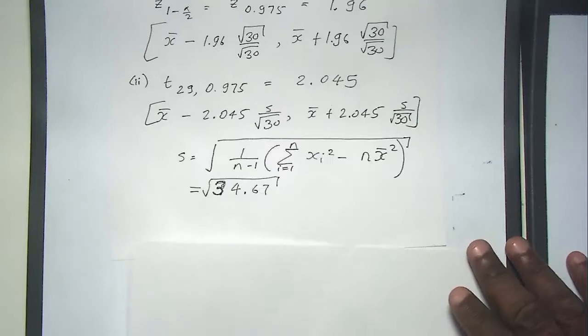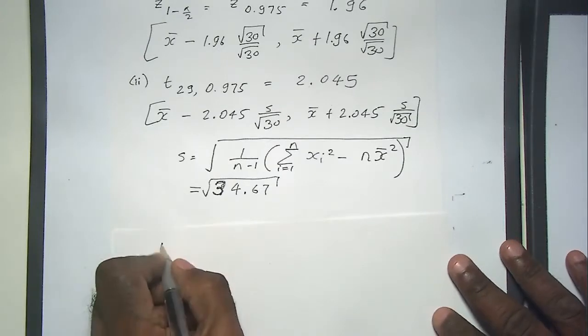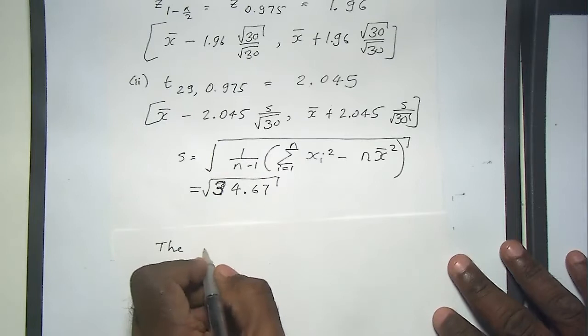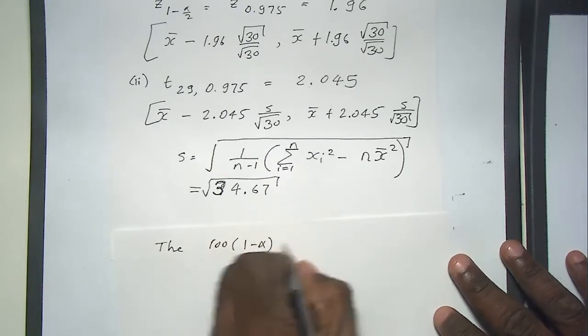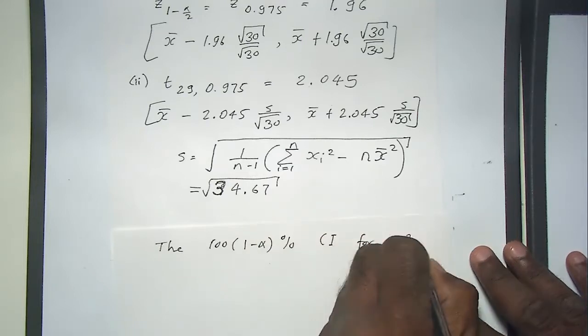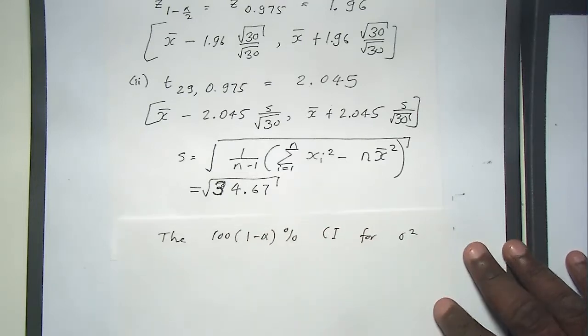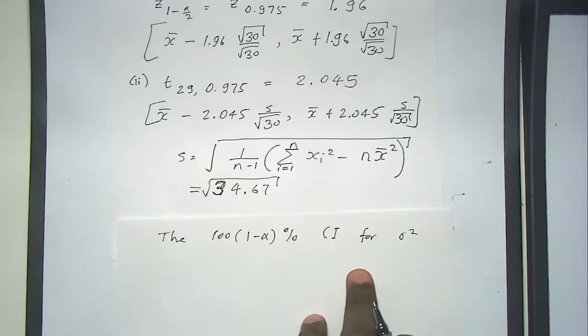I did not write it down here, but do you guys remember from the notes what the confidence interval for sigma squared is?